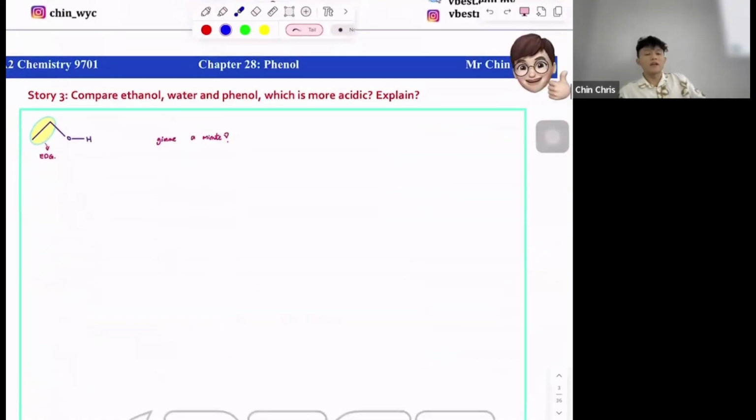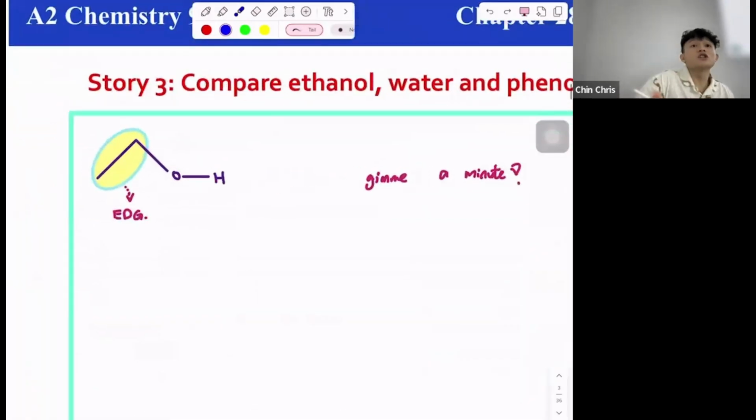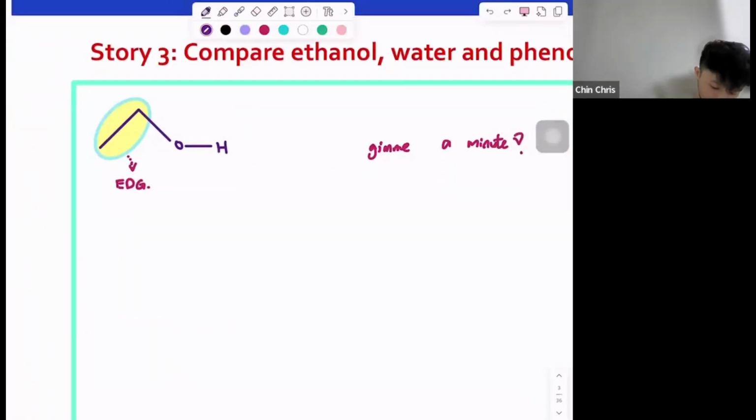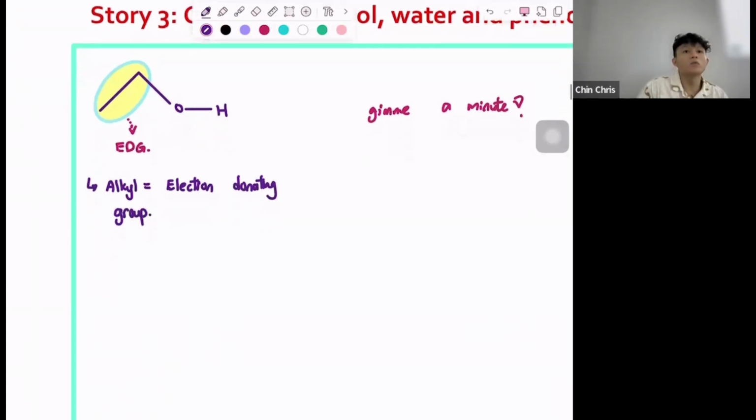Let's look at your EDG. For EDG, we call the alkyl group an EDG, an electron donating group, right? Please tell me what EDG does. EDG pushes the electron towards where?